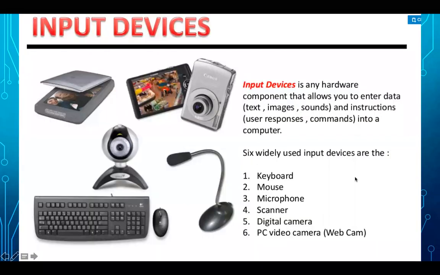We studied these things in the last lesson also, but just to remember, these are the input devices. Input devices කියන්නේ මොනවාද? computer එකට දෙයක් ඇතුළට දෙන්න ගන්න ඒවා. Scanner, webcam, keyboard, mouse, microphone, camera, all these are input devices.